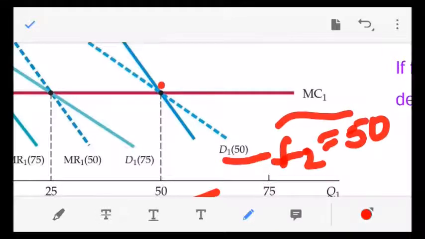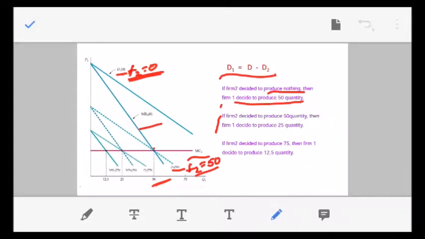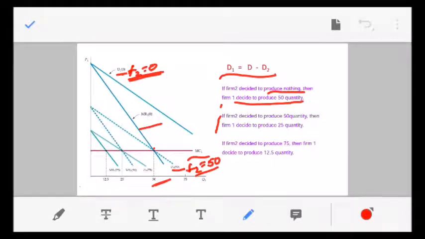The respective marginal revenue curve is MR50, and the equilibrium is set at this point. So when firm 2 produces 50 units of output, firm 1 will decide on 25 units of quantity.